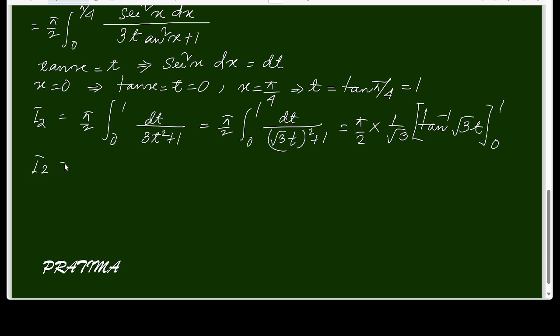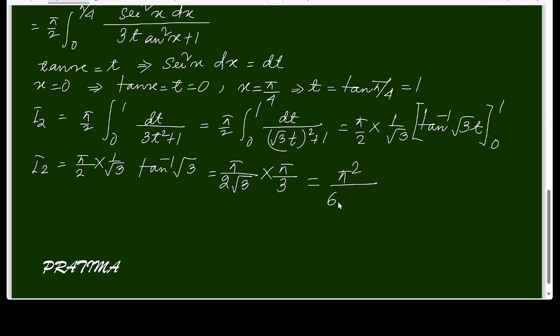So I2 will be pi by 2 into 1 by root 3 into tan inverse root 3. Tan inverse root 3 equals pi by 3. So it will be pi over 2 root 3 into pi by 3. So this will be pi square over 6 root 3, is the answer.